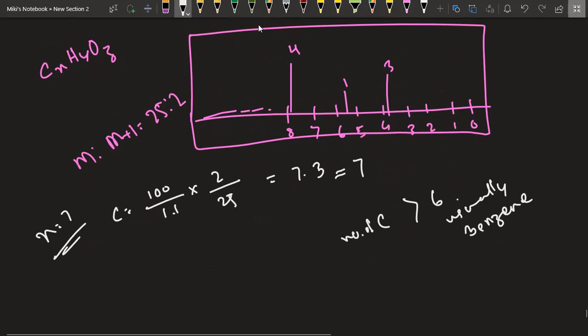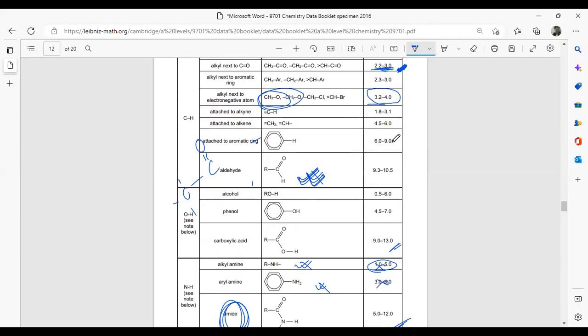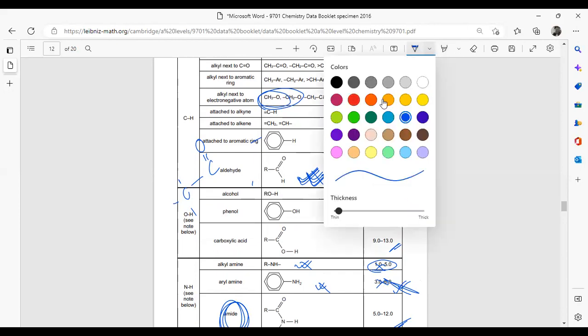Let's go to our data booklet and see what information we have about benzene. Now about benzene, what structures do we have? One is over here, this is one benzene structure, then another is this one, and another is this one. But this shouldn't be the case. Why? Because remember, we don't have a nitrogen here, so this is not possible. Let me draw with a red color.